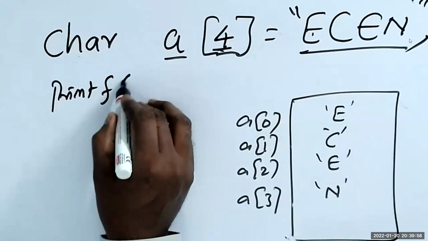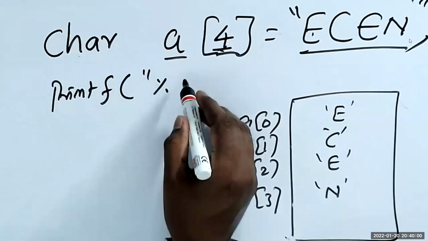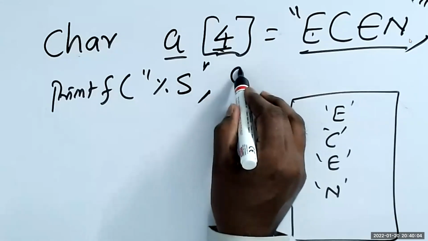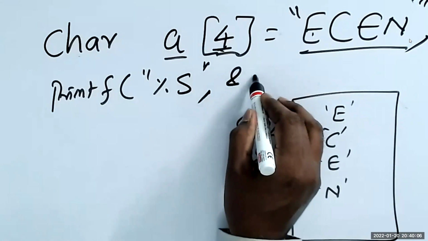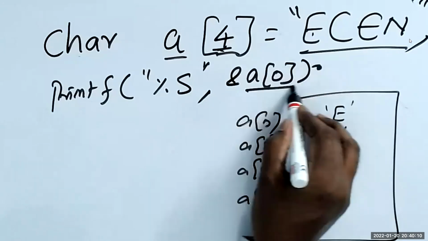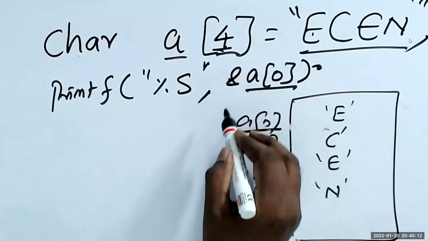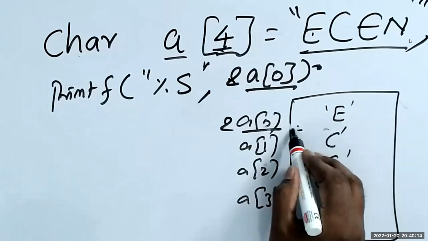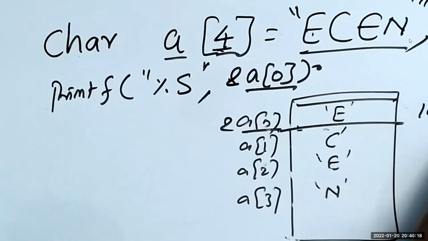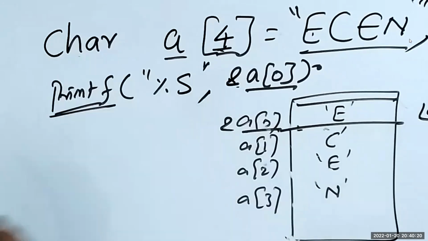But when you do printf, percentage yes, I've given now A of 0. What does it mean? A of 0 is this address. Maybe the address could be 1000. I've given 1000 to the printf.